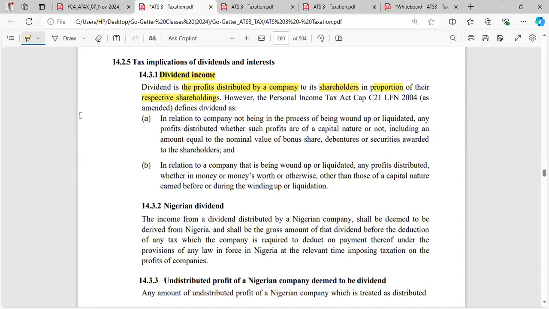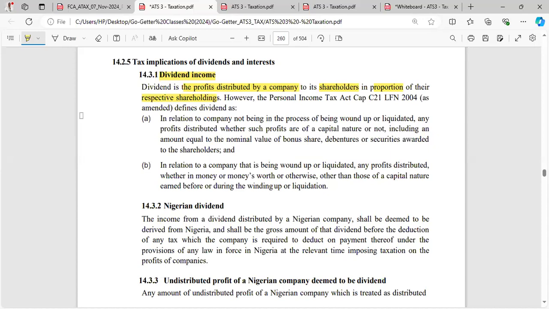Your proportion is 1%. Now, let's assume again that after 2 or 3 years, GT Bank made 100 million naira profit. Let's say that is the part of the profit they want to share with the shareholders. Because normally when a company makes a profit, it will not share everything.